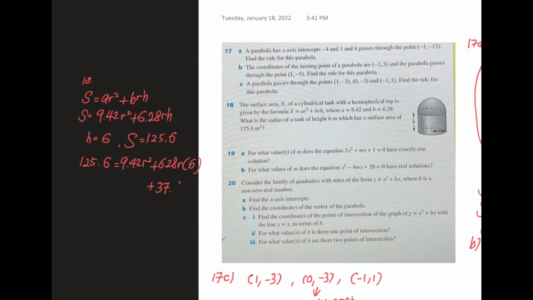So I get 37.68 R. So 9.42 R square plus 37.68 R minus 125.6 equal to 0.